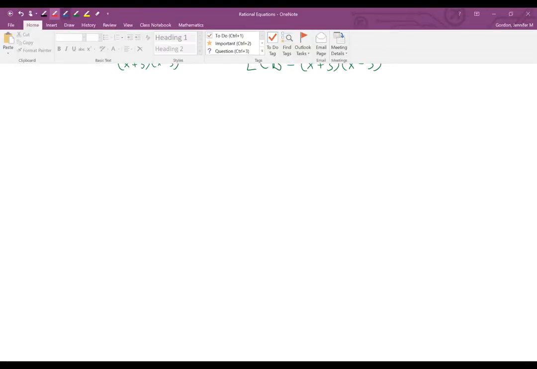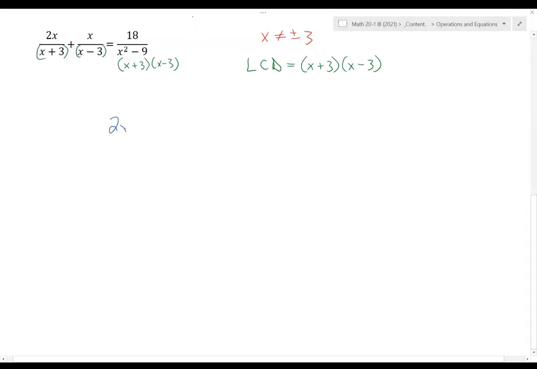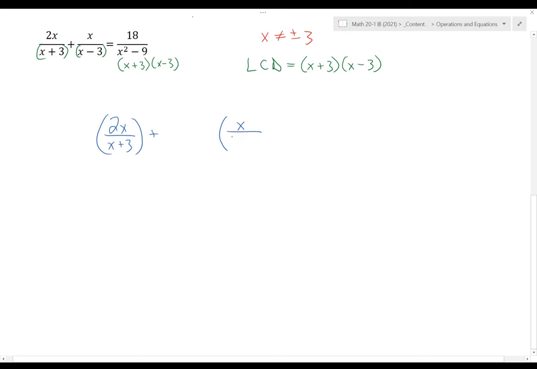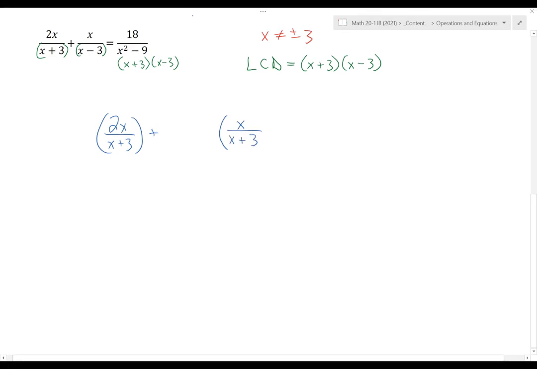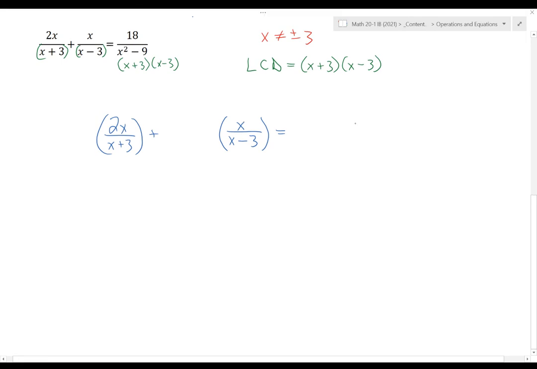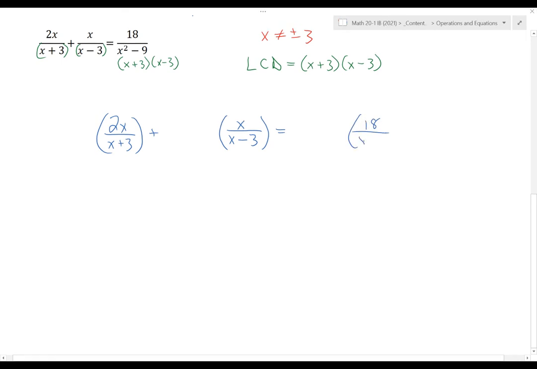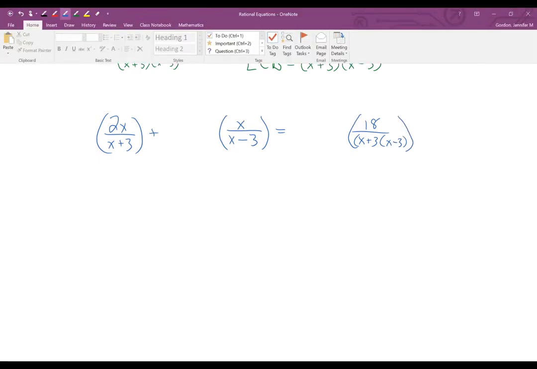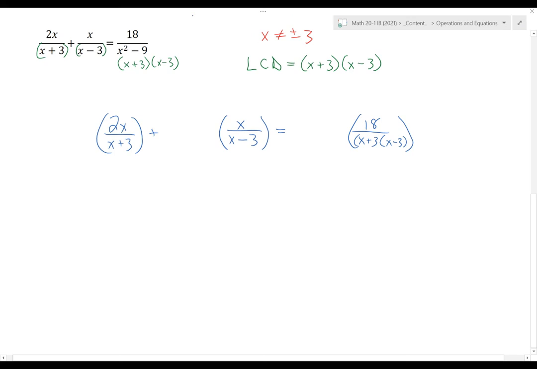So now I'm going to take this equation and multiply both sides, but when I multiply both sides, I actually am going to end up distributing, so that I'm multiplying the lowest common denominator by each fraction on both sides of the equation. And so here's what I have. When I multiply both sides, something will cancel in each case, and I will be left with no fractions.